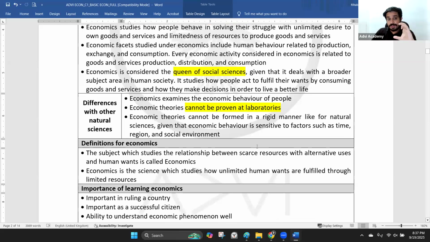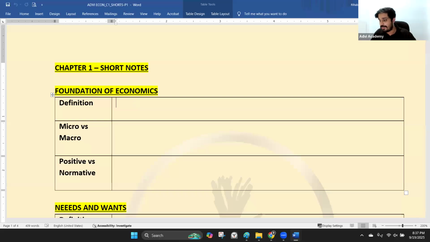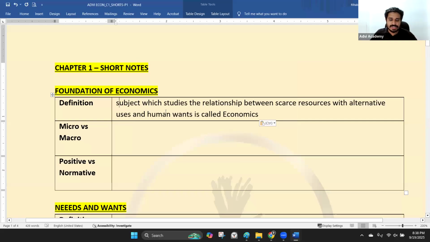Now, we are going to move into the definition for economics. That part I'm going to add as our first point in our short note, which is the definition for economics. What is the definition for economics? We say that it is the subject that studies the relationship. So I'm going to put the definition here.